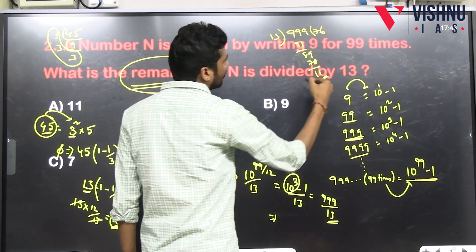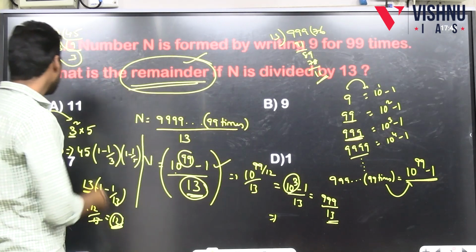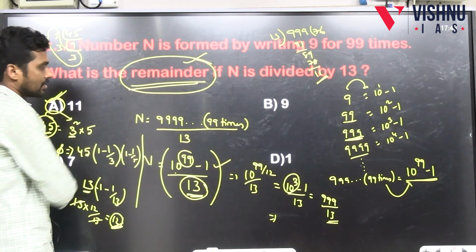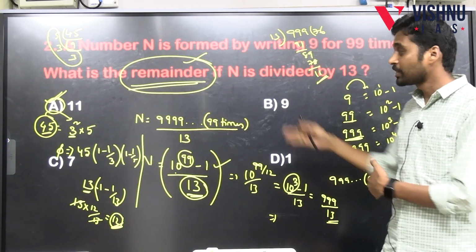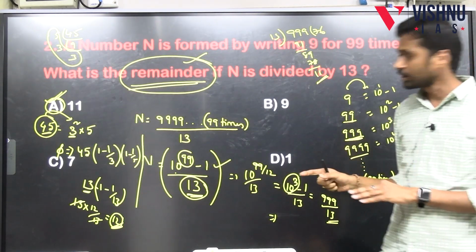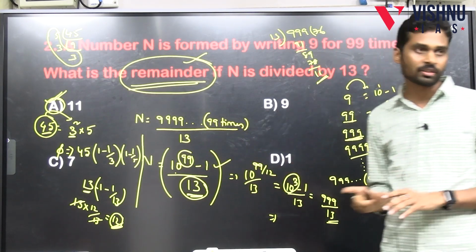The remainder we get is 11. So the answer is 11. We also have some more questions related to this one. Almost all 3 questions are regarding this particular concept.